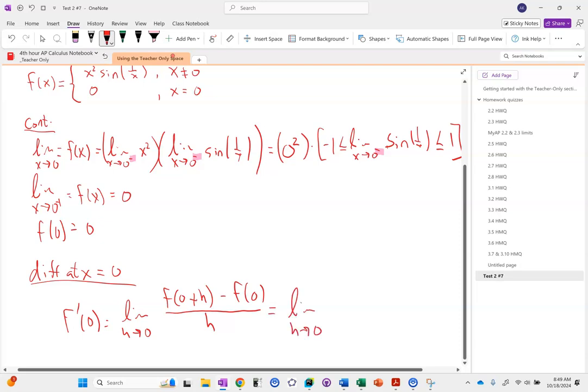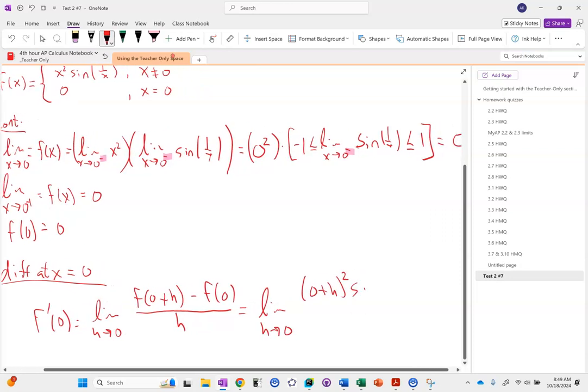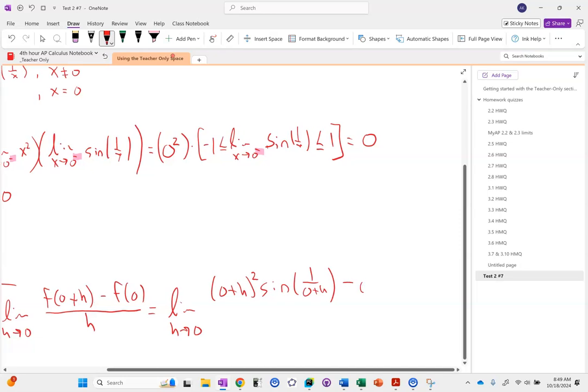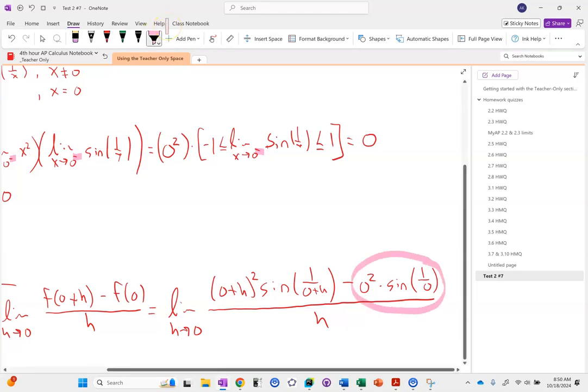So when I do that, I have 0 plus h squared times sine of 1 over 0 plus h, minus 0 squared times sine of 1 over 0, all over h. Now 0 squared times sine of 1 over 0, we've dealt with that already. That's just 0.